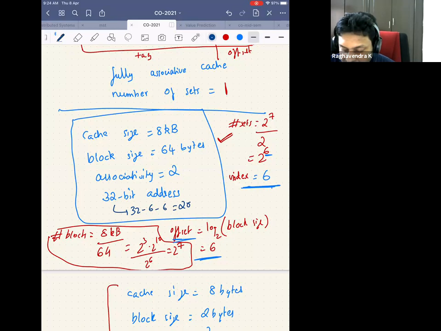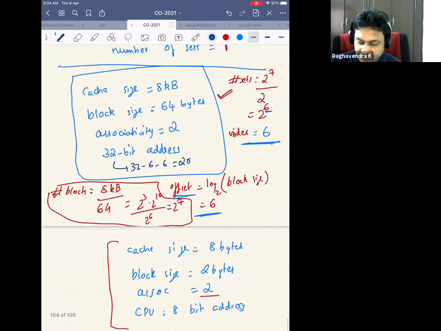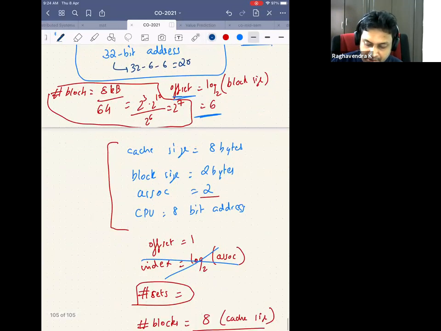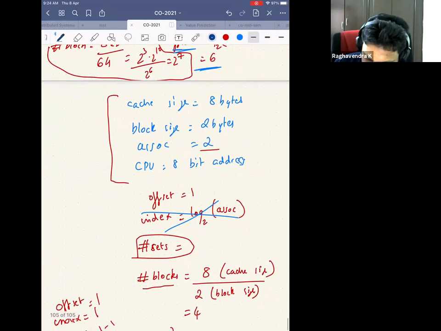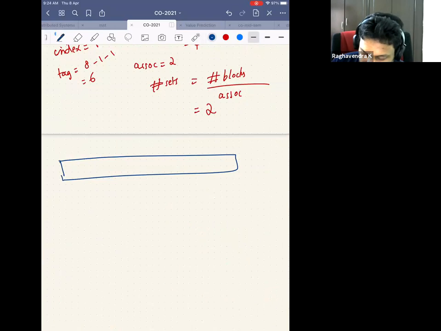So what is the CPU actually doing? If you have to visualize this, given a 32-bit address, this is the offset, this is the index, this is the tag.